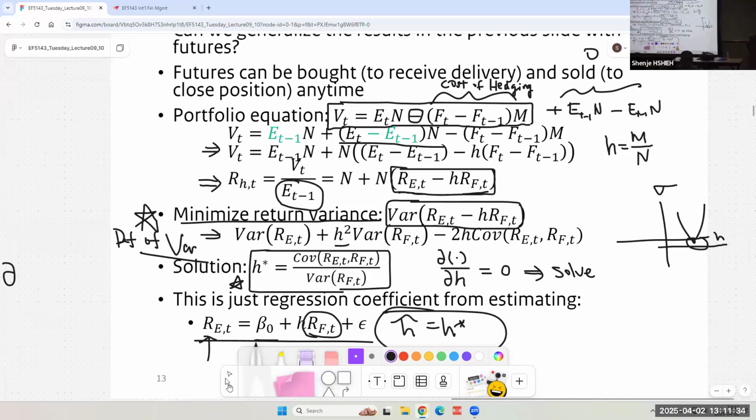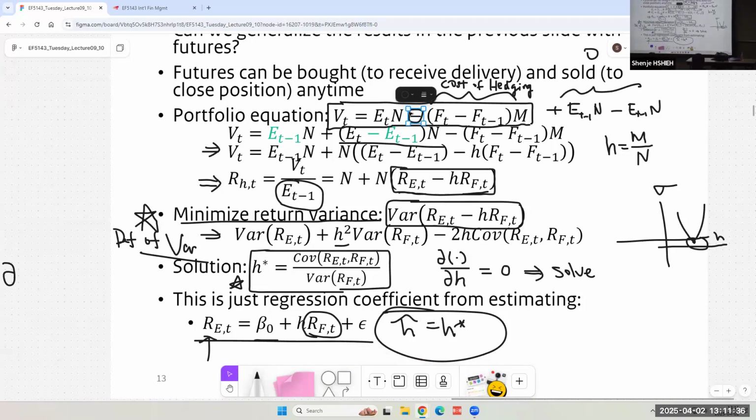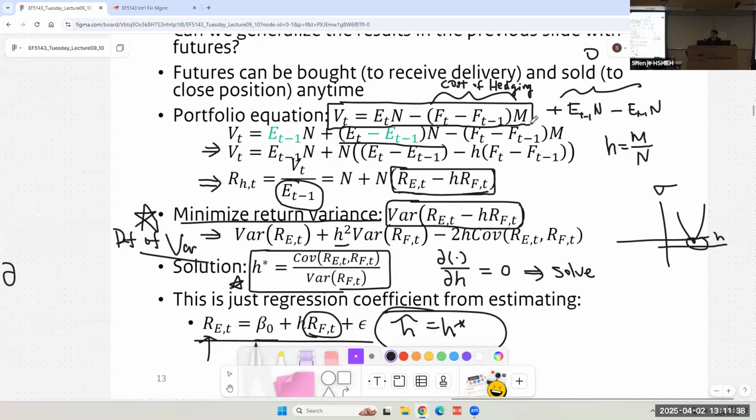I'm being agnostic about how much to hedge, so I have to have a placeholder variable for M, right? This is the number of contracts I need to buy relative to the amount of assets I have in my portfolio so that I minimize my return variance. So the steps from here to here, all I'm doing is rewriting my objective function in terms of a return.